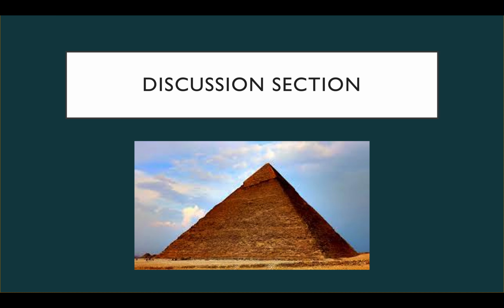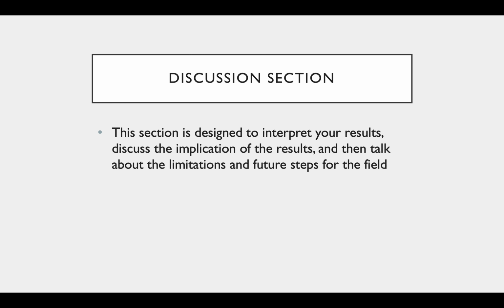Okay, so let's go ahead and start talking about the discussion section. This is the last section of the paper, believe it or not. So let's talk a little bit about what this entails and some tips for getting it done. The purpose of the discussion section is that it's the denouement of your paper, right?